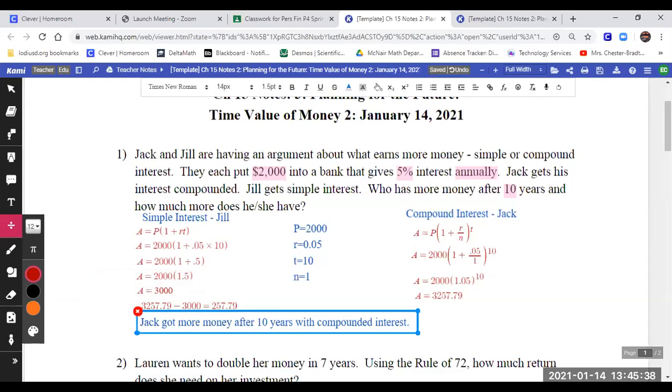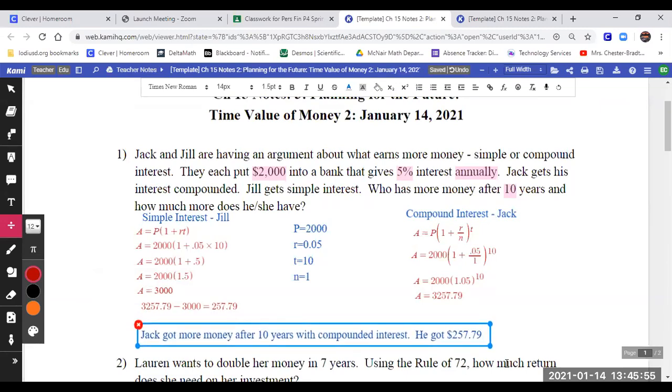So Jack got more money after 10 years with compounded interest. He got $257 more. On the work document for the test is where you put the sentence answer, and yes, you use the dollar sign and all that.